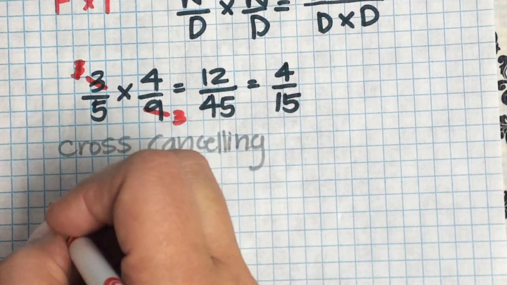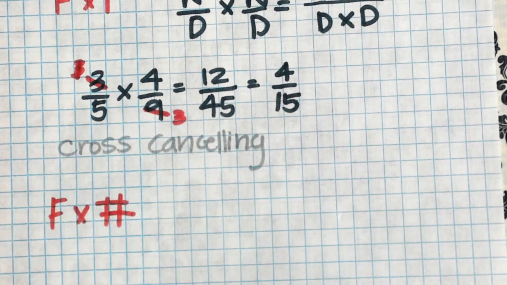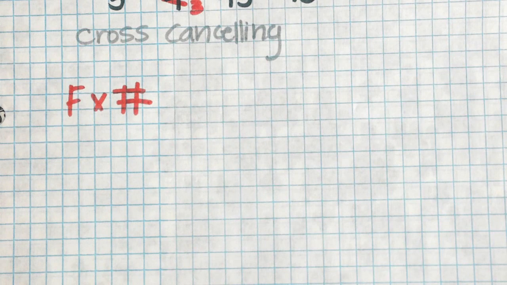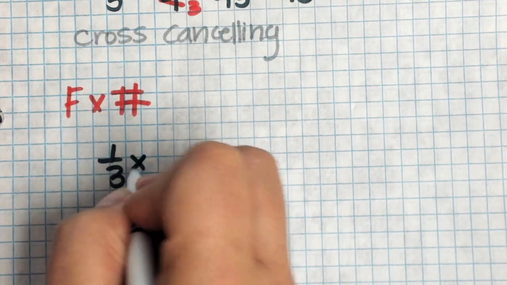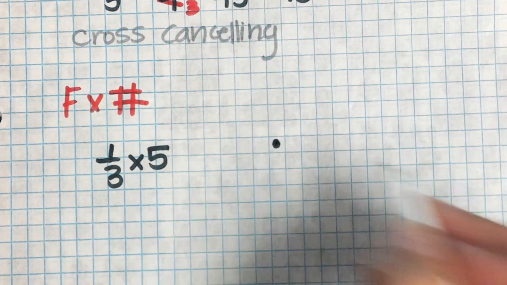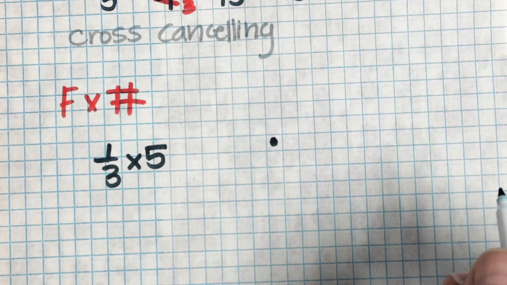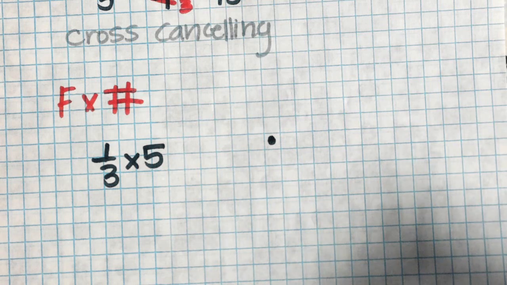Alright, let's look at what happens when we have a fraction times a whole number. This would be like 1/3 times 5. Okay? What do I need to do before I can multiply these fractions? I have to give the 5 a denominator.